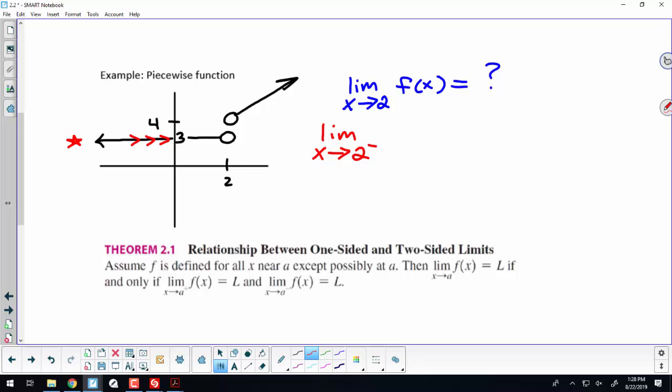And what is the limit as x approaches 2 from the left on this function? 3. It's equal to 3. So the y values are getting closer and closer to 3. Again, even though the function's not defined at that location, I'm just saying as I get closer and closer to that, what are the y values getting closer and closer to?